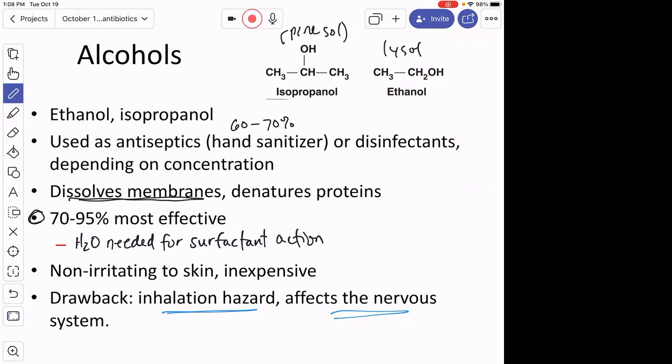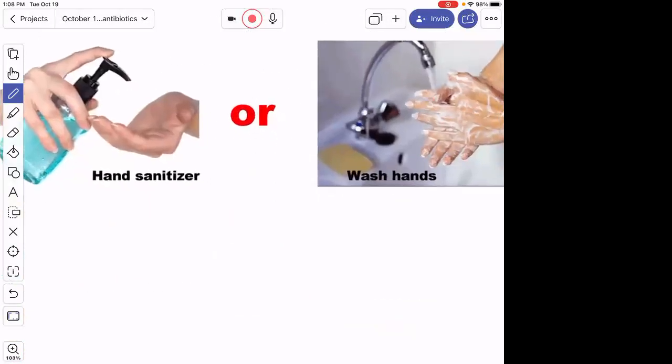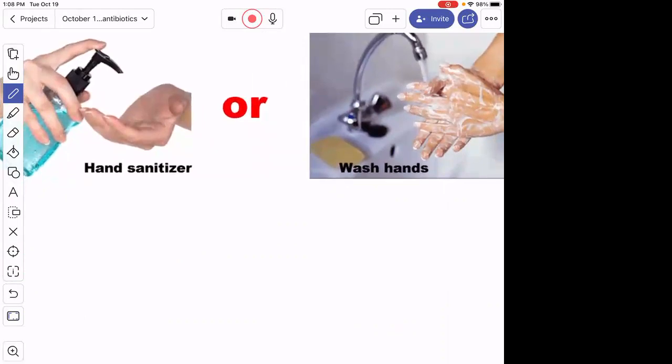So, all right, lots of common uses, both of disinfectant and antiseptic there. Oh, so I have to ask the question, we're not going to talk about the best way to wash hands, but I can't resist bringing up, is it better to use alcohol-based hand sanitizer or to wash your hands?